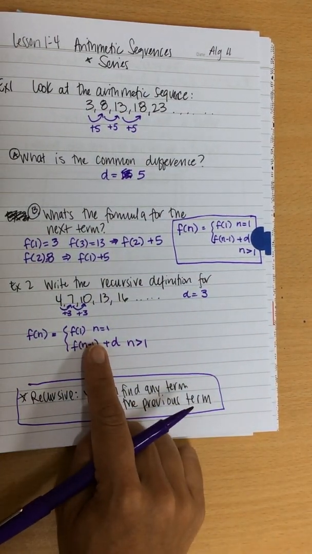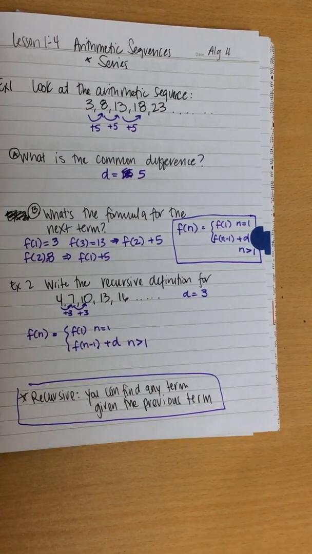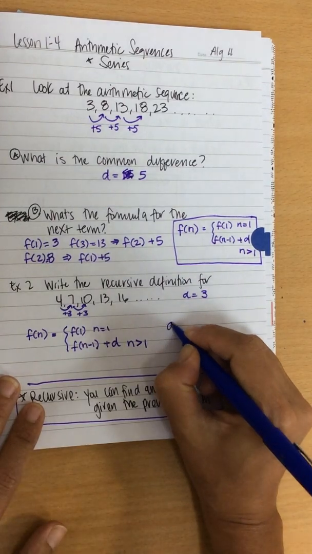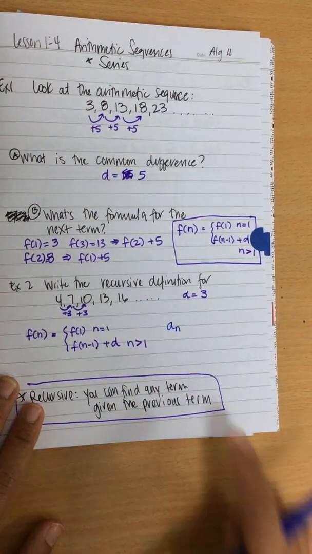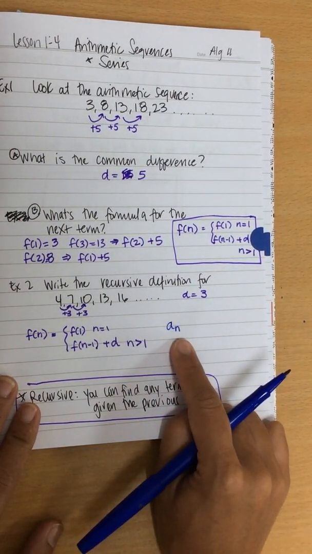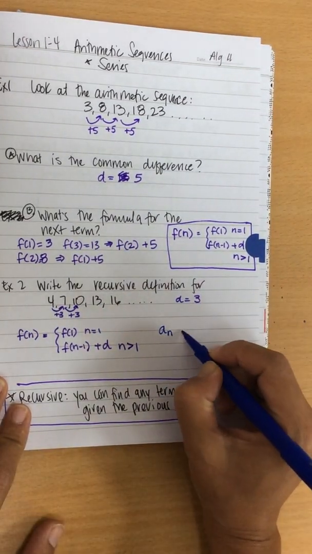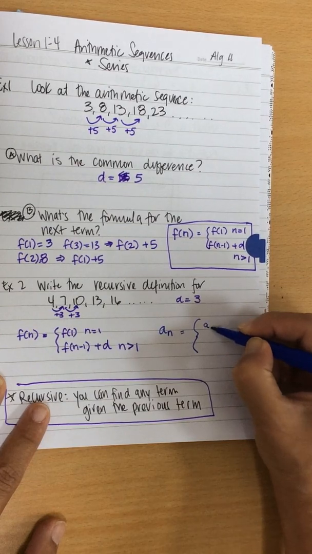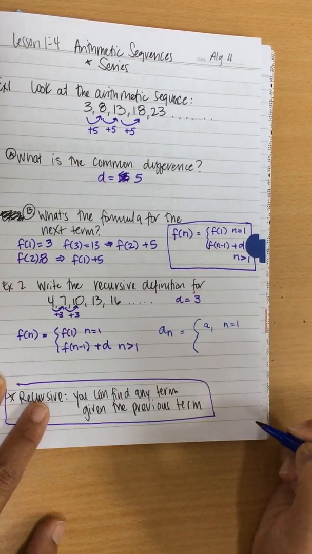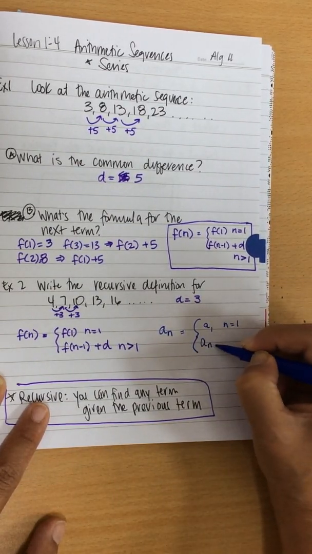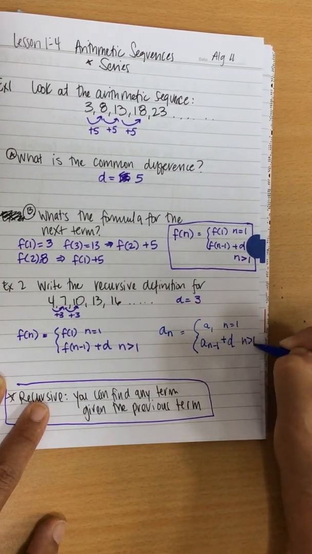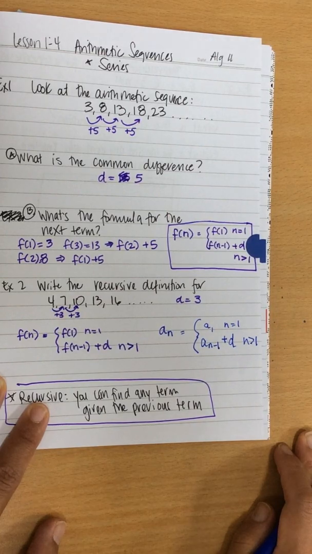Because it's the same pattern, you're just plugging in different numbers. So this is the recursive definition, but I'm also going to show you another way you could write it using, instead of the function notation, this a sub n. So to find any numbered term, my notation is a sub 1 when n equals 1, and a sub n minus 1 plus d when n is greater than 1.